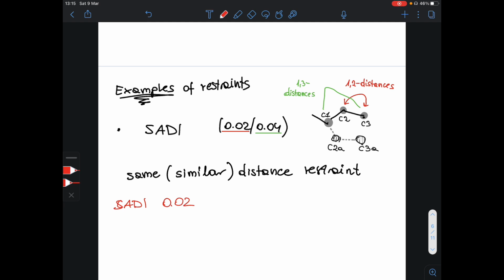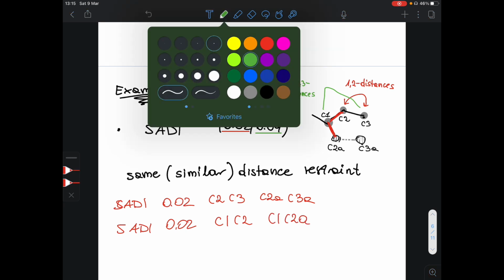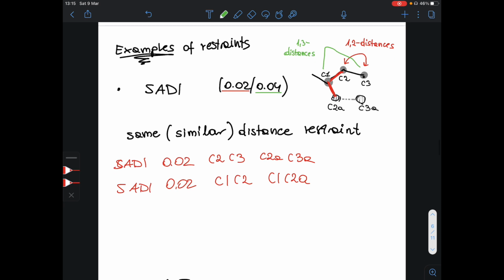So we want C2 and C3 to be similar or the same as C2A, C3A. And we also probably want to write SADI 0.02, C1, C2 to be the same as C1, C2A.